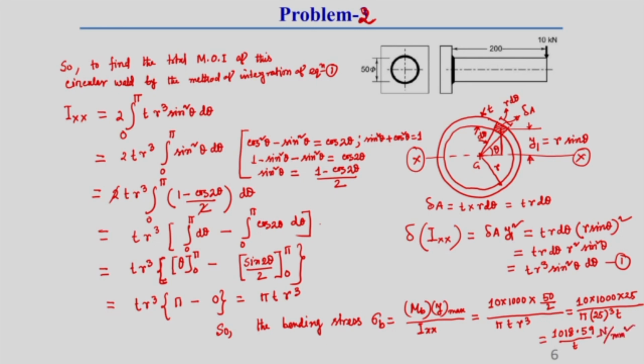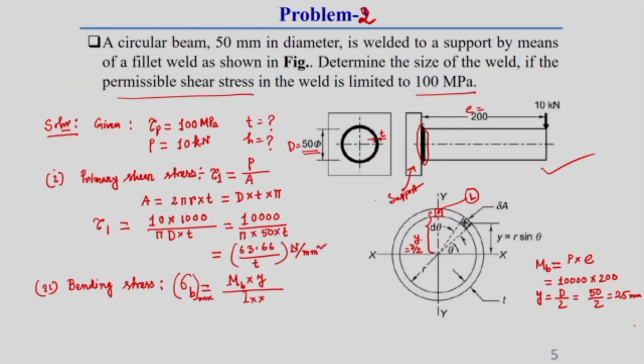So, now sigma b is known to us, tau 1 is known to us. So, we can easily find out the maximum shear stress.